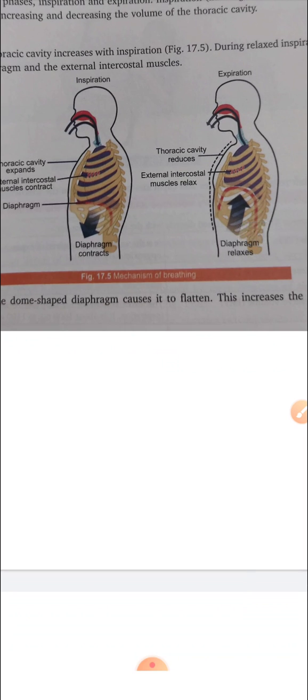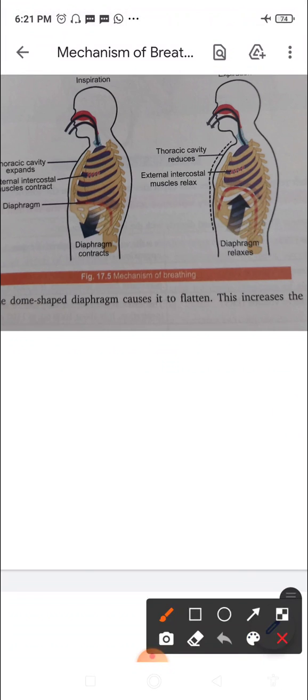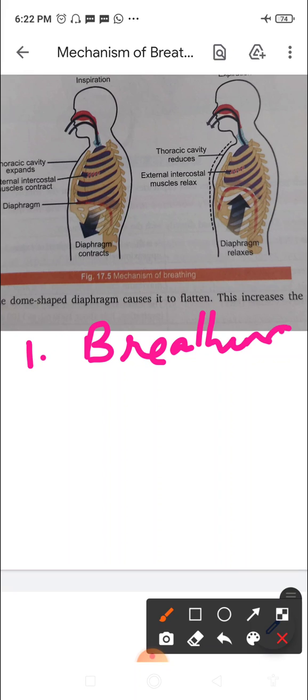There are many steps involved in the process of respiration in humans, so let's quickly understand them. Number one, the first step is breathing. What is breathing? Letting in fresh air, that is oxygen, into the lungs, and foul air out of the lungs. Foul air is rich in carbon dioxide.